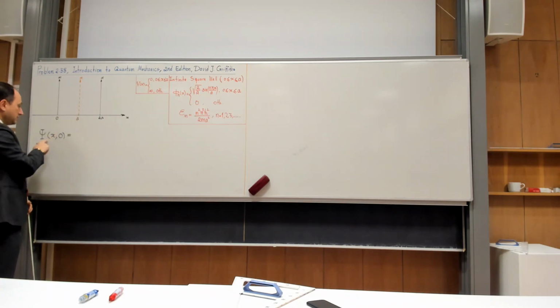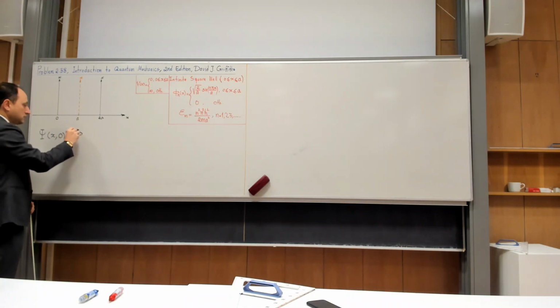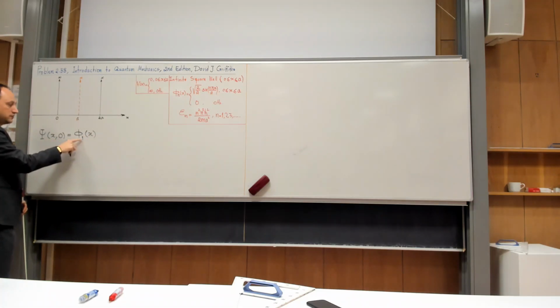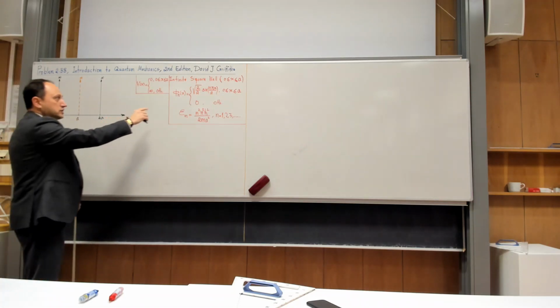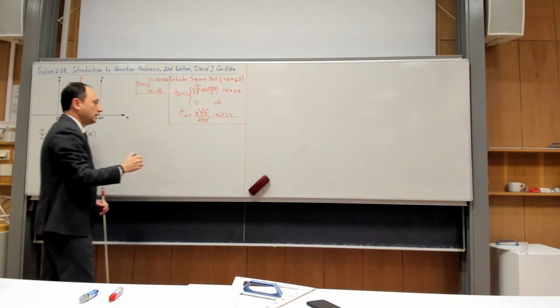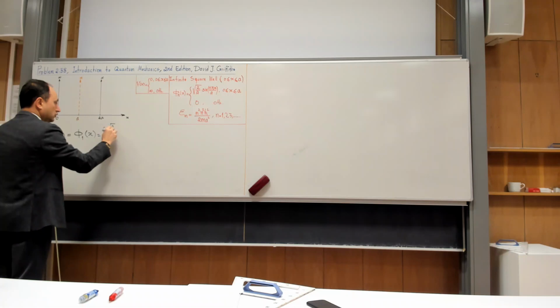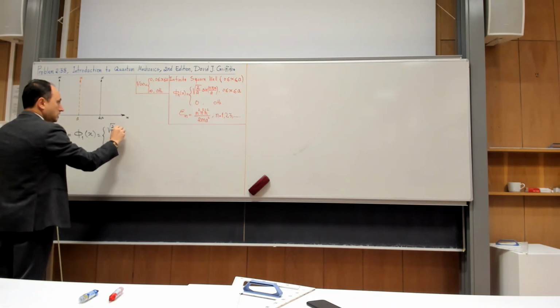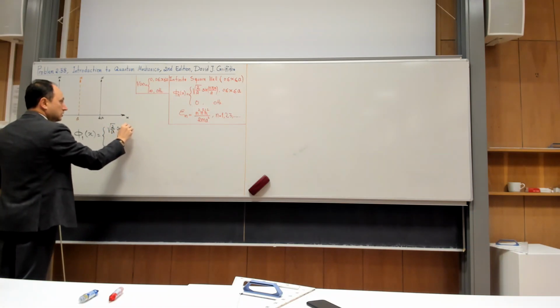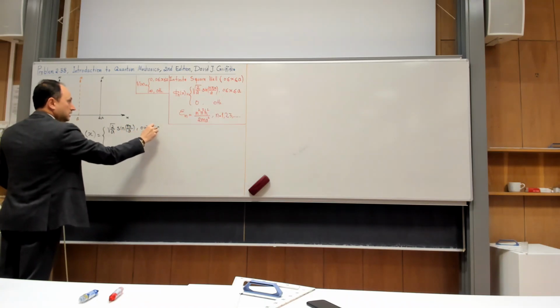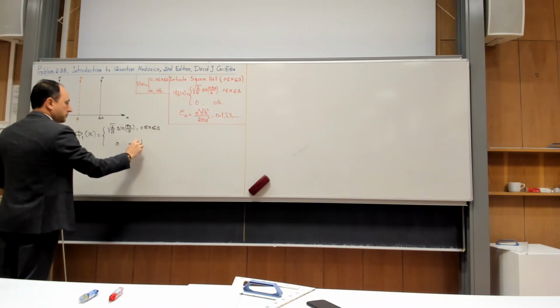In mathematical formulation, the initial state is phi 1 of x, and I can replace n with 1 and get my function. So this becomes the square root of 2 over a times sine of pi x over a, for x between 0 and a, and 0 otherwise.